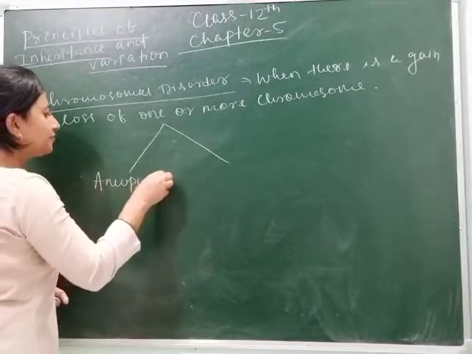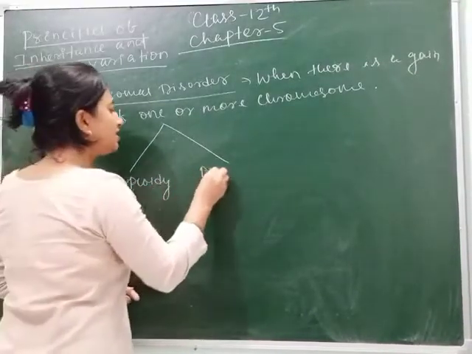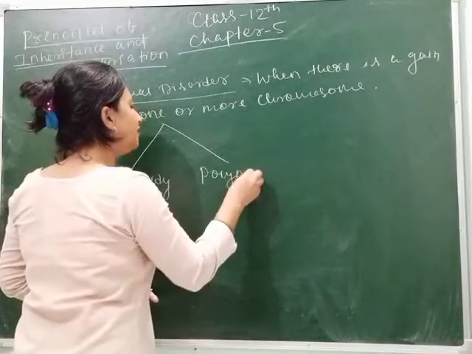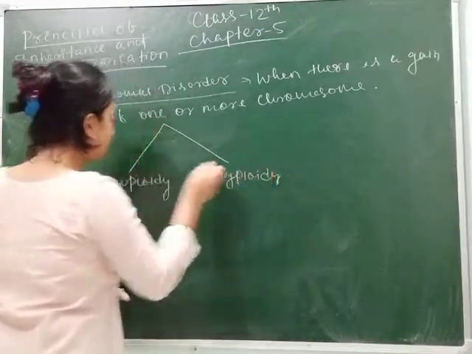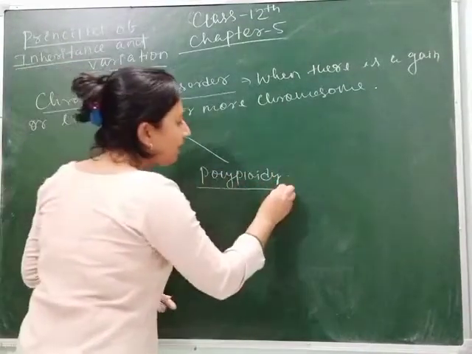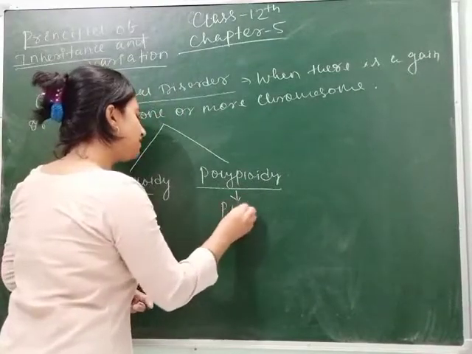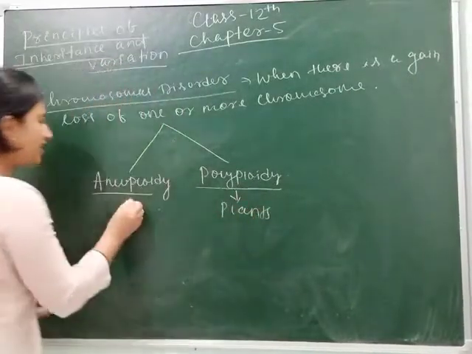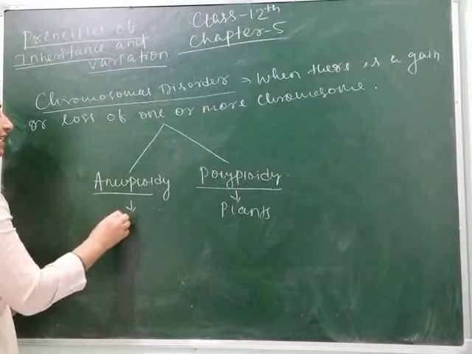Polyploidy can be seen in plants, whereas aneuploidy can be seen in animals.